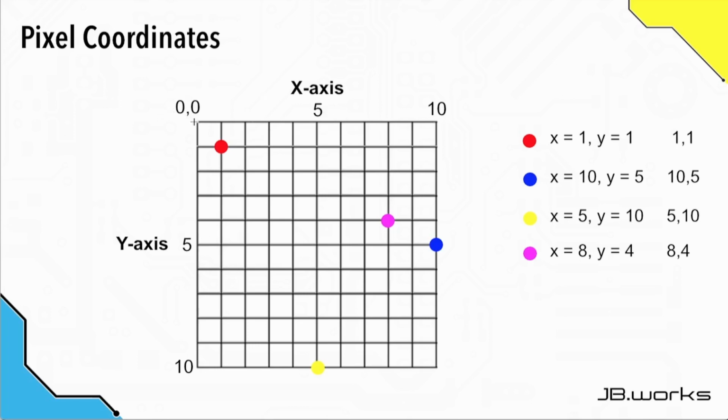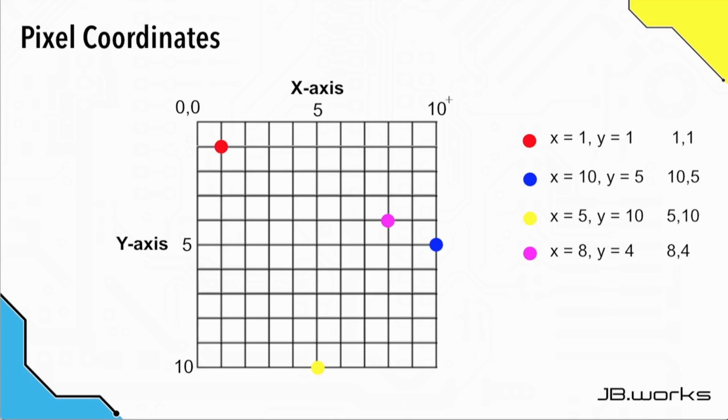And then we have another axis which goes from 0 to 10 down the left hand side, and that's called the y-axis. And each place where these lines intersect is where we can have one pixel. And so what we're doing is we're using the values of x and y to uniquely specify the location of each pixel on this display.